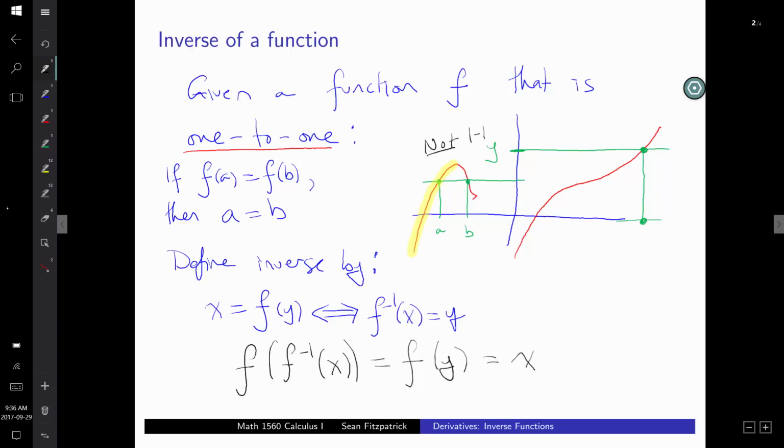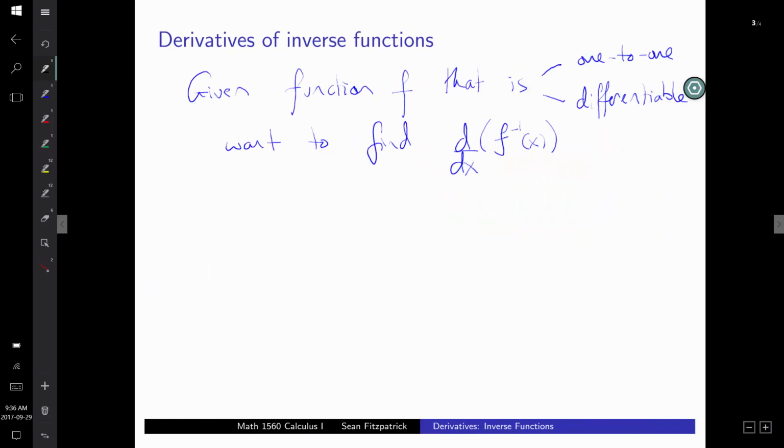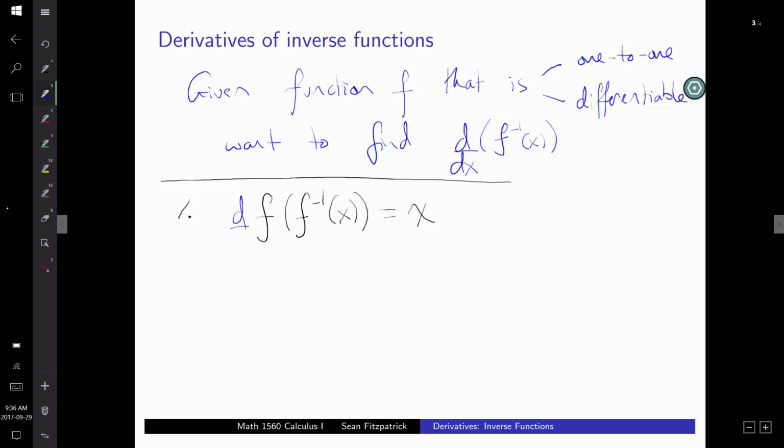Good. Okay, how does that help me? Well, let's come back to how we find the derivative. There are a couple of ways to tackle this. One option, using the observation I just made, is to start with f of f inverse of x equals x, which we had on the previous slide, and take the derivative of both sides with respect to x.